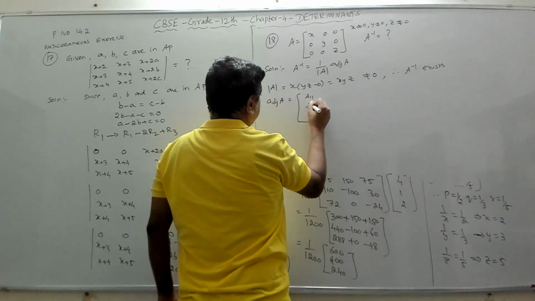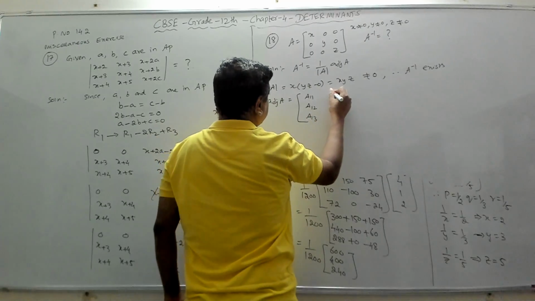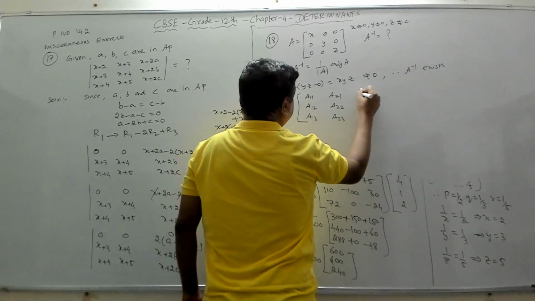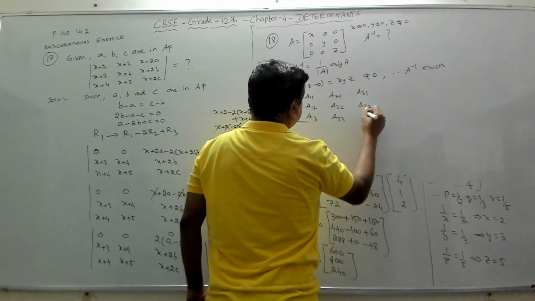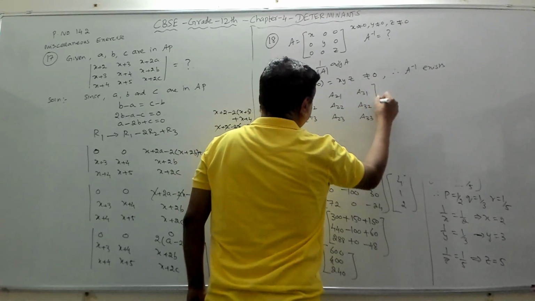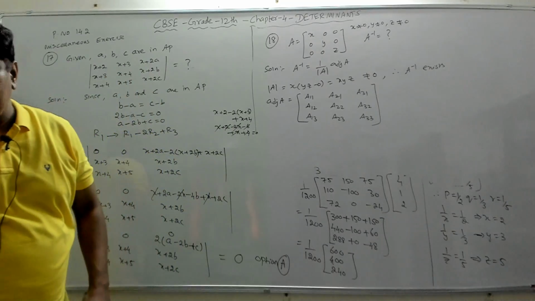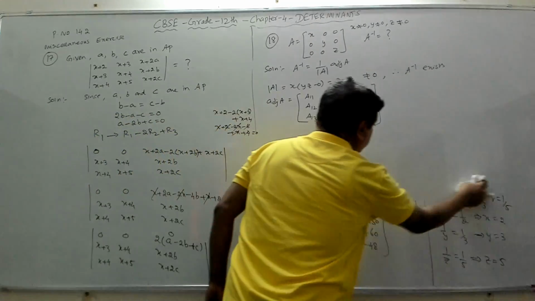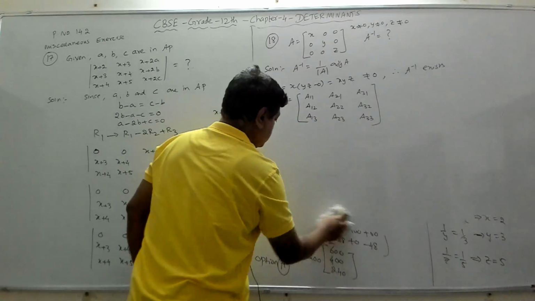The adj of A matrix is made of A11, A12, A13, A21, A22, A23, A31, A32, A33. Now we are going to find the corresponding cofactors.